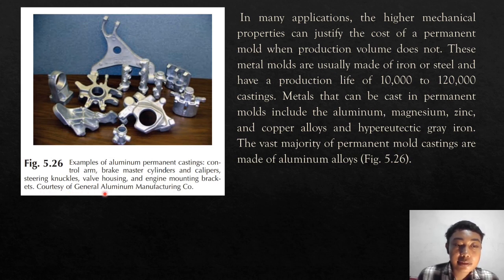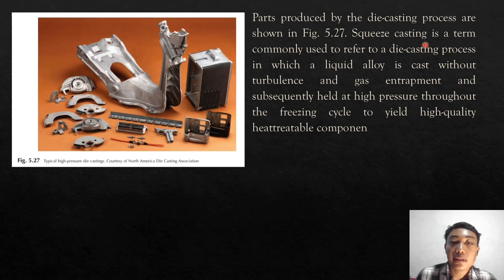Courtesy of the General Aluminum Manufacturing Co. Next, parts produced by the die cast process are shown in picture 5.27. This is picture 5.27, a part made using the die casting process.